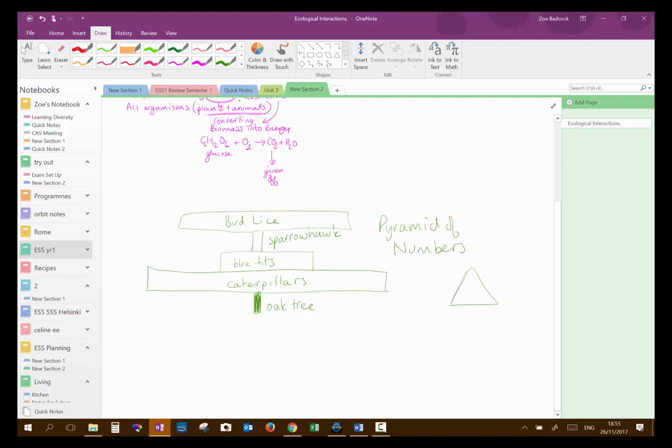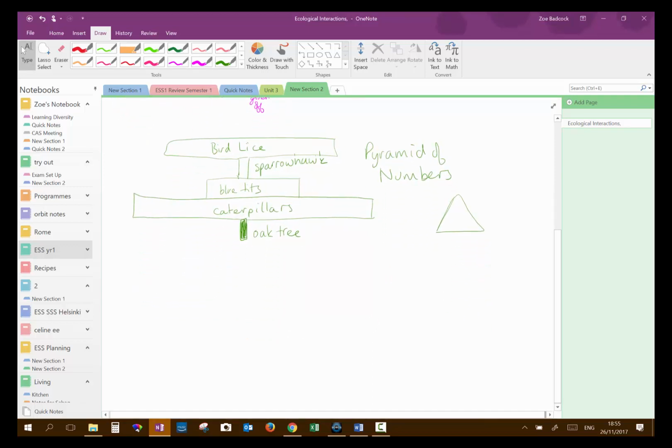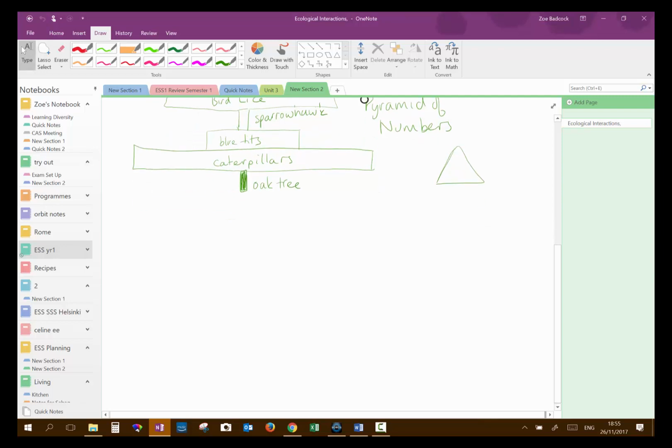Okay, now if we look at another type of pyramid for the same food chain, then what we can do is we can look at a pyramid of biomass.